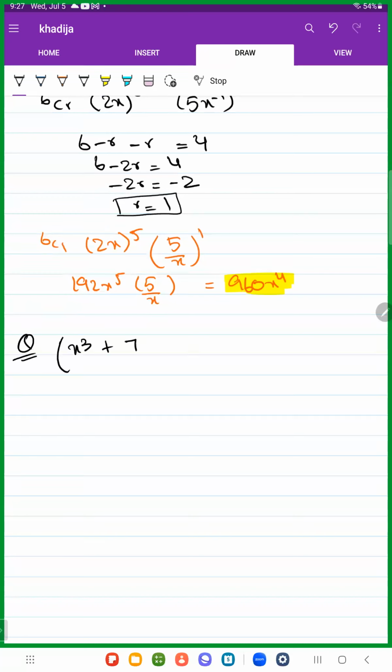Okay. Try to do this one on your own. x cubed plus 7 upon x to the power 5. I want you to find x to the power 7. Okay.